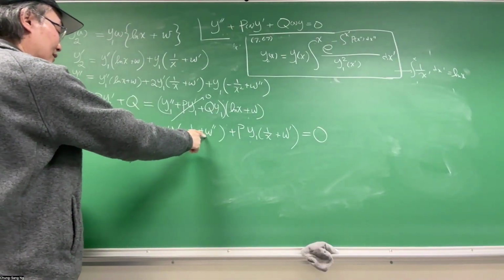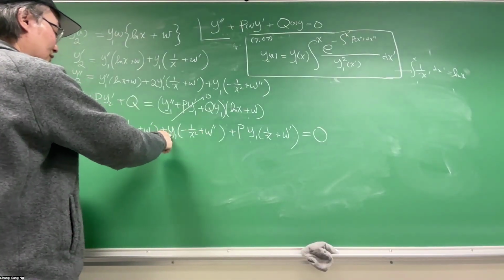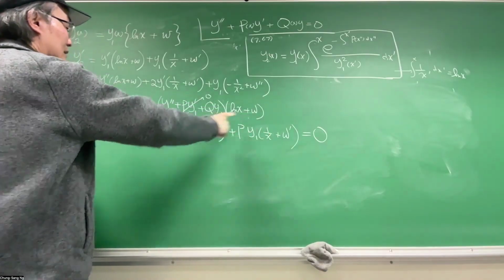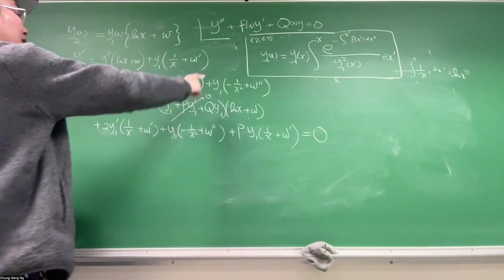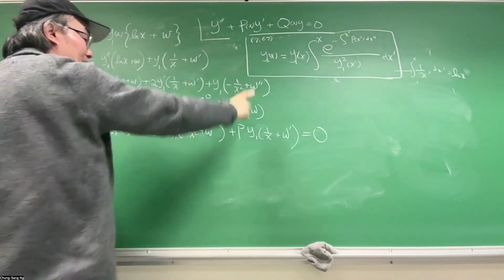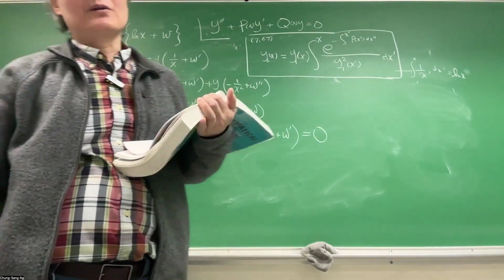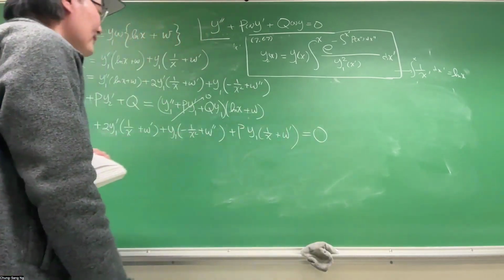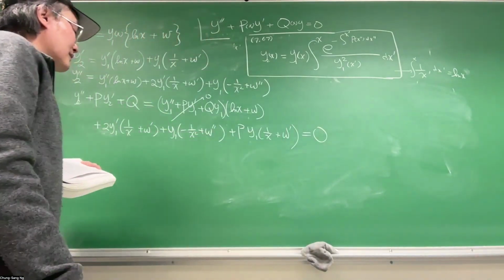Say you have W prime over here, whatever the coefficient y1, you divide over the whole equation, then you get an equation for W prime similar to this one, and you use your standard way to find a series solution of W, and that is doable.